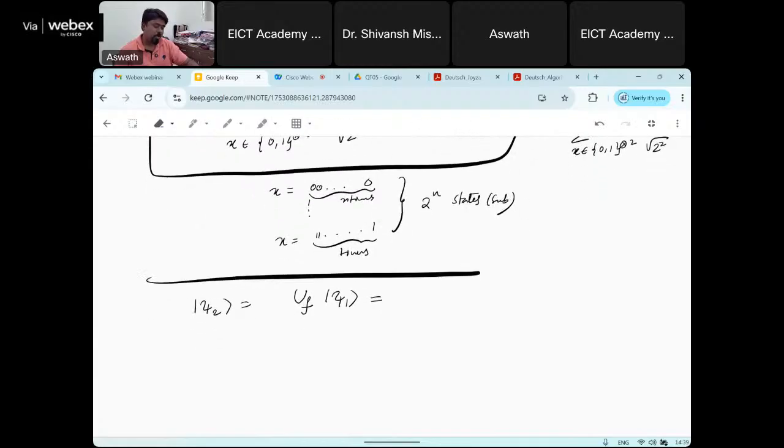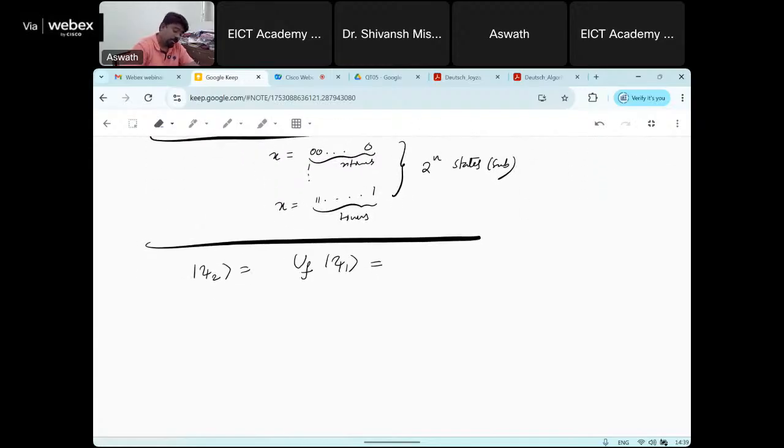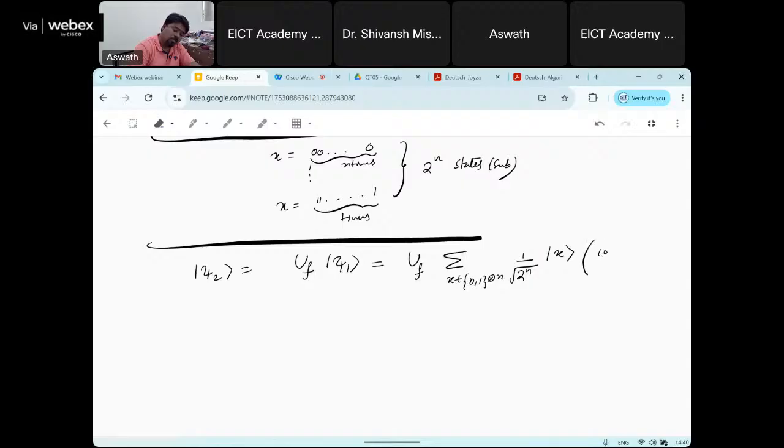Now we have to find the unitary action on 1 divided by square root of 2 to the power of n, summation over x belongs to {0,1} tensor n, x, tensor 0 minus 1 divided by square root of 2. This is the state on which I want to find the unitary action.